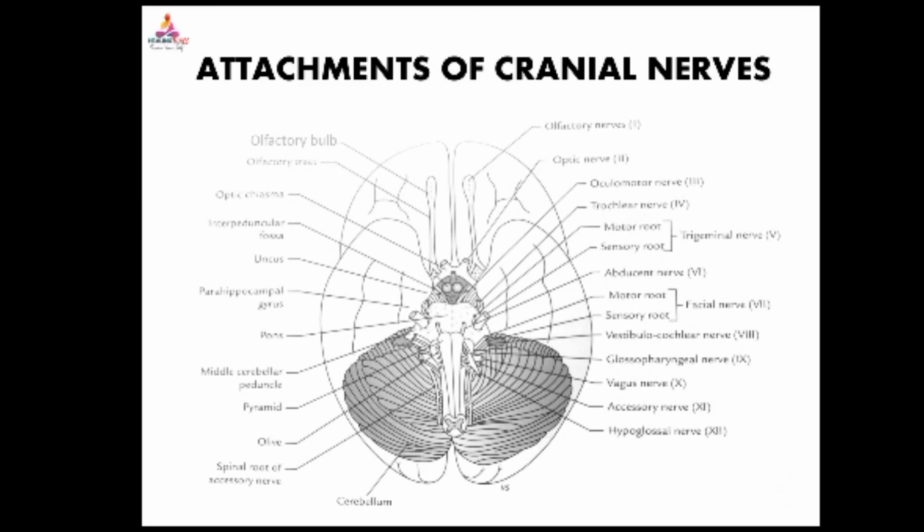It has two parts, cranial and spinal. The cranial part emerges by a number of rootlets from the medulla below the rootlets of the vagus nerve, and it is joined by the spinal part, the rootlets of which are attached to the upper five cervical spinal segments.